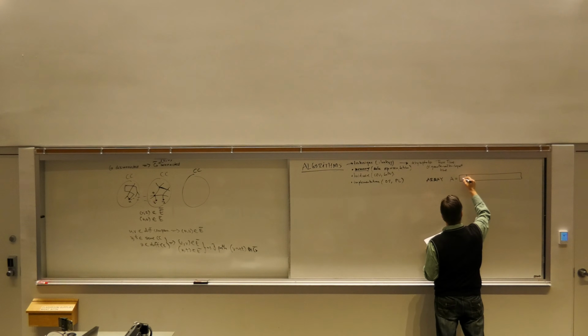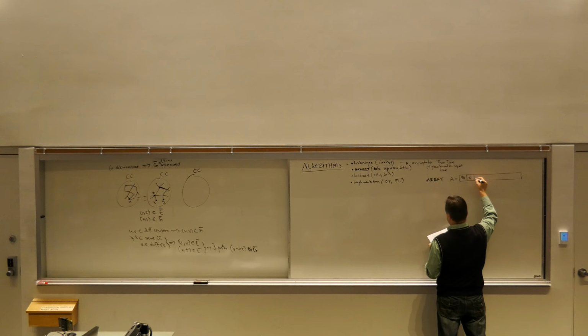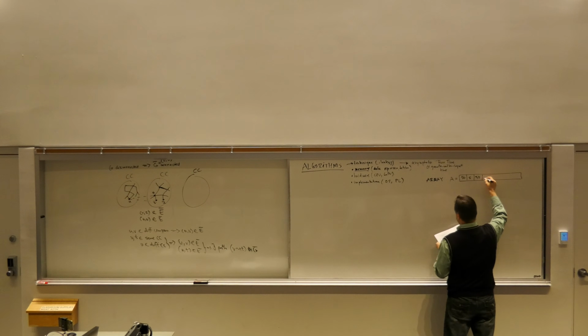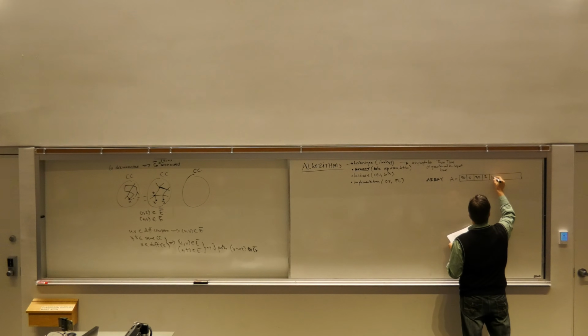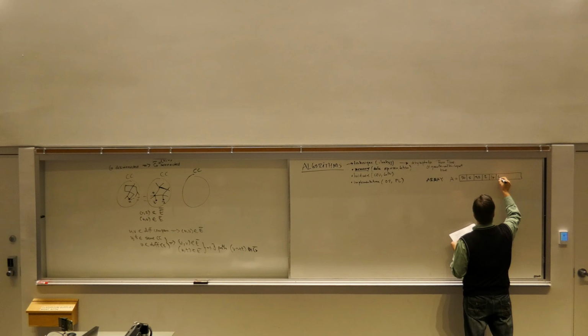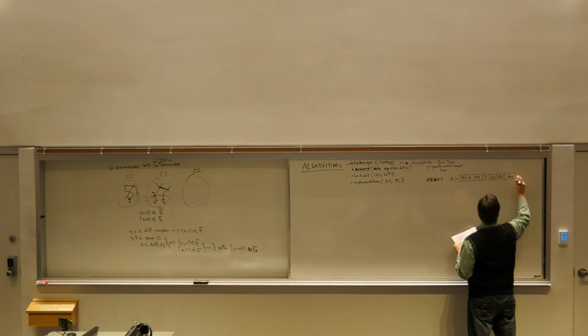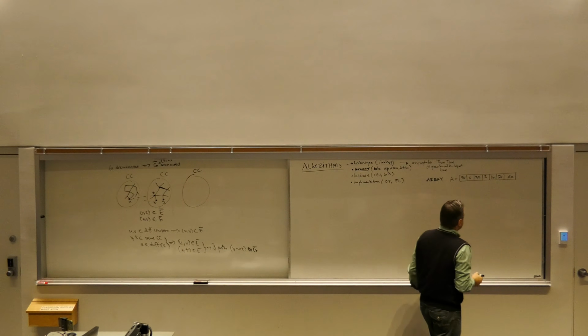So my values here are 50, 5, 32, 2, 16, 50 again, and 40. So those are values.